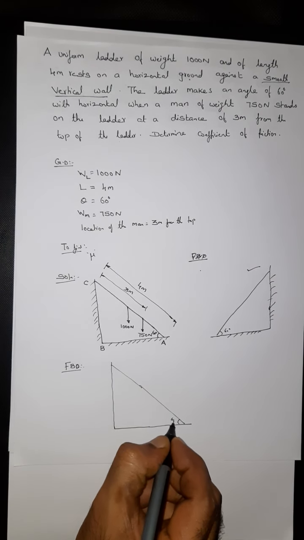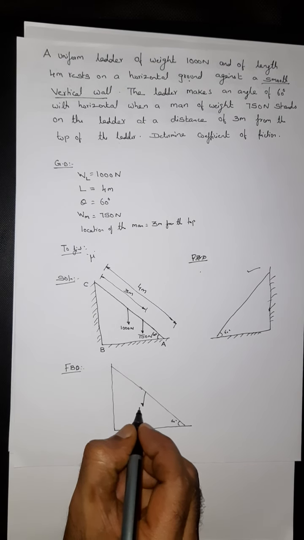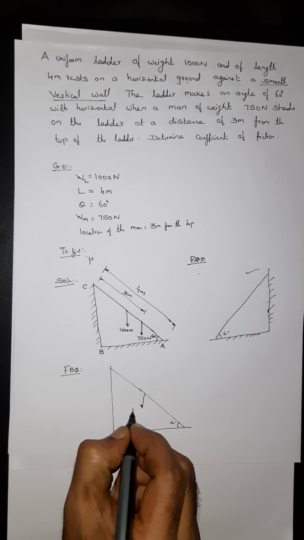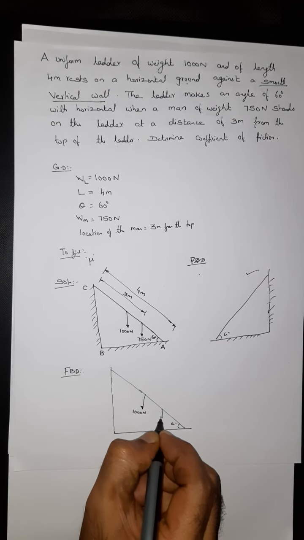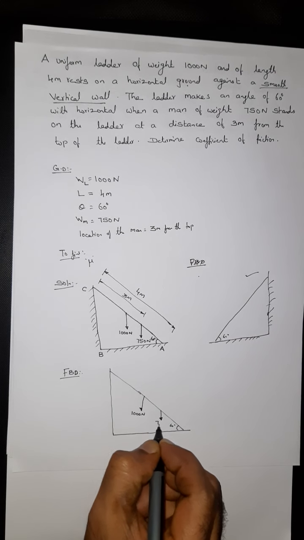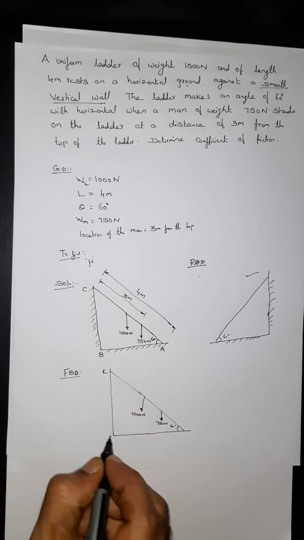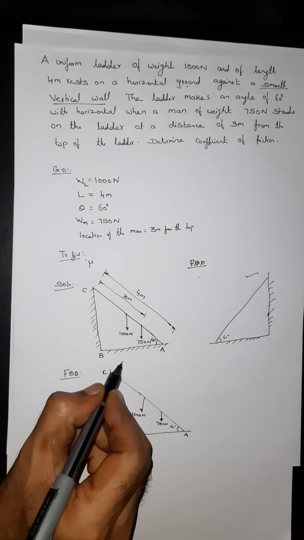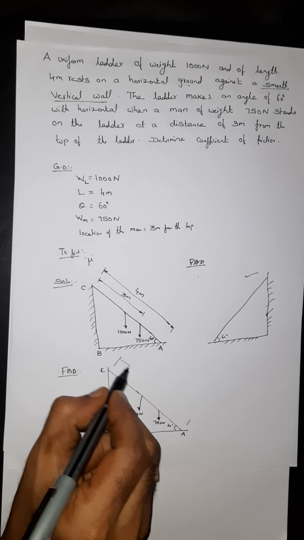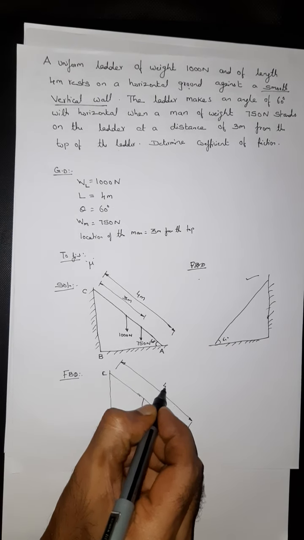This is 60 degree. The weight acts vertically downwards, the weight of the ladder, which is 1000 Newton, and the man's weight is 750 Newton. This point is C, this point is B, and this point is A. The total length of the ladder is 4 meter.